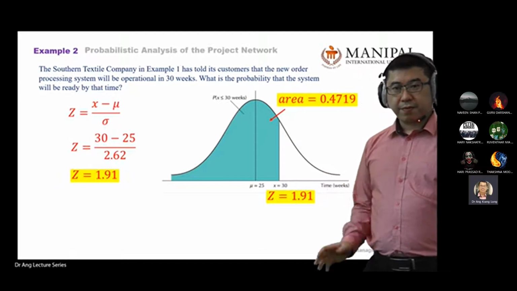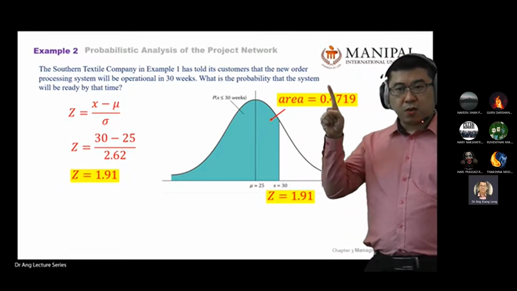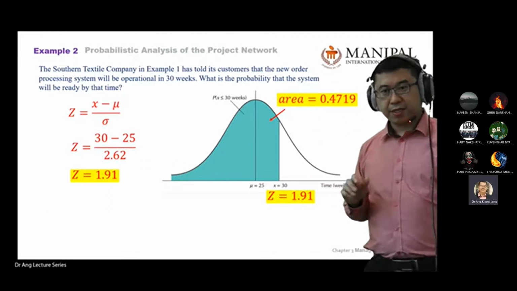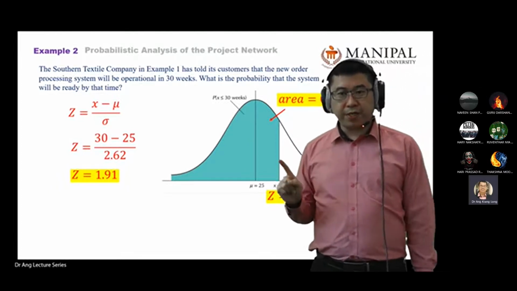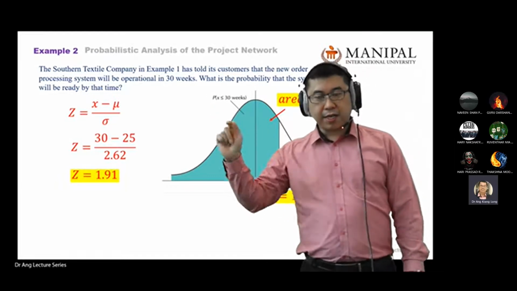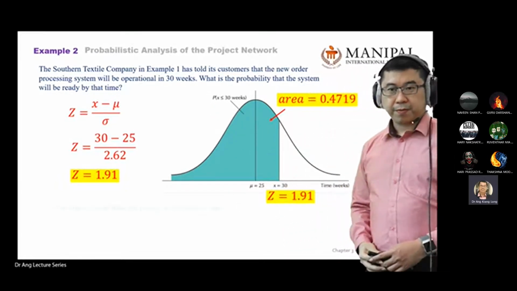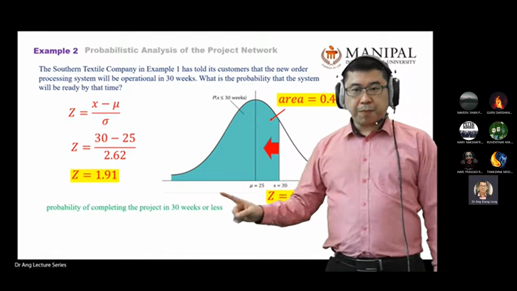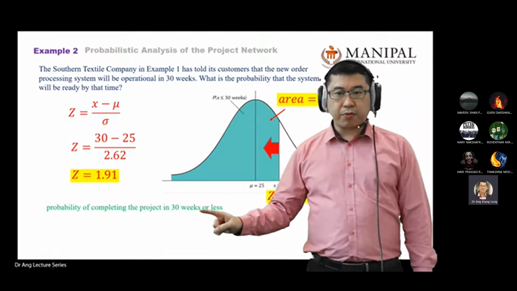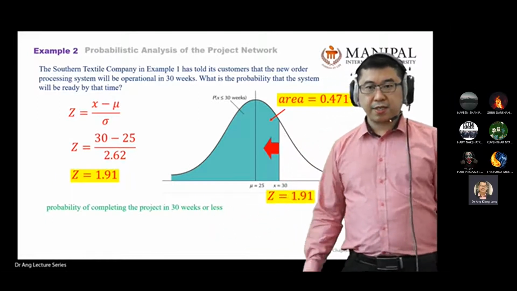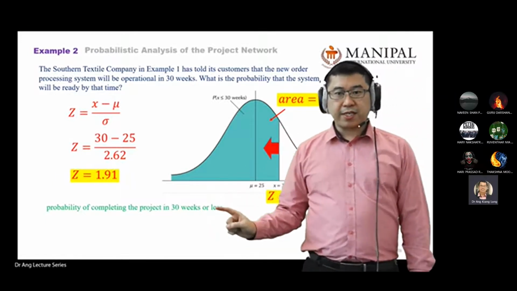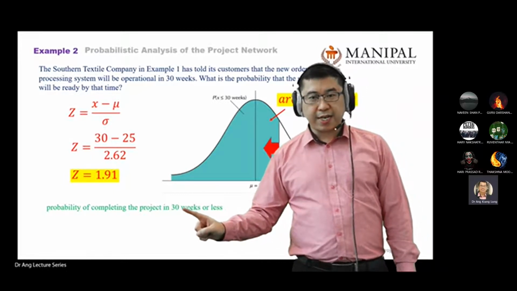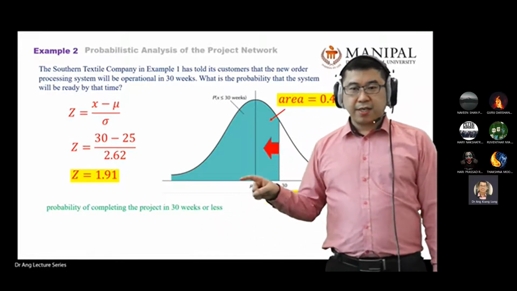Okay, so we transfer what we calculated from the table and combine it with the information stated in the question. Okay, so the probability the project can complete within 30 weeks or less. Okay, the wording is here. 30 weeks or less means your target date or less.